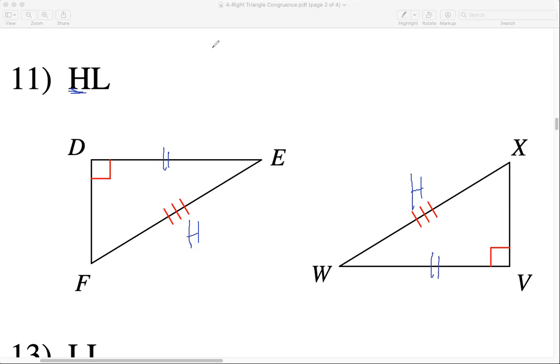So the answer is DE is congruent to WV, or we could also use DF, which is congruent to the side XV. Either answer, we could prove that these two triangles are congruent using the hypotenuse-leg theorem.